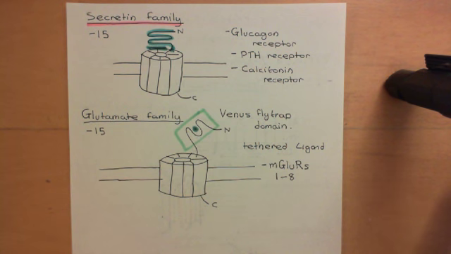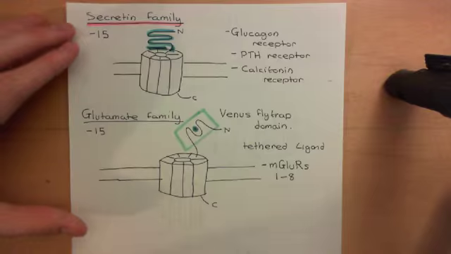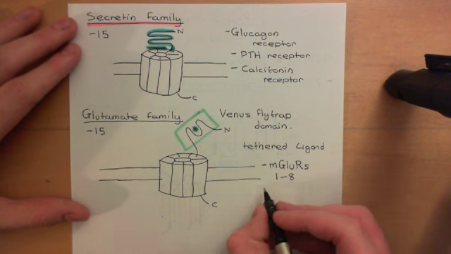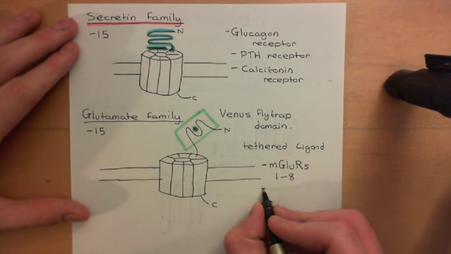The metabotropic glutamate receptors are generally presynaptically located and mediate presynaptic feedback, and they are G-protein coupled receptors rather than ligand-gated ion channels, within this glutamate family of G-protein coupled receptors. In addition, there's another notable example in here.